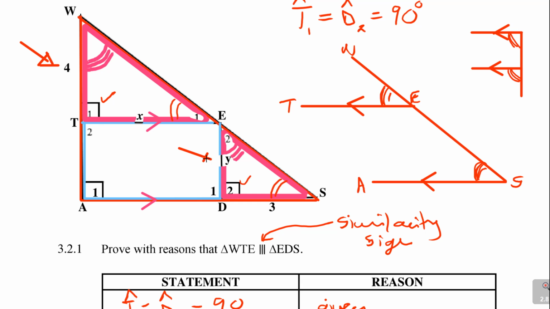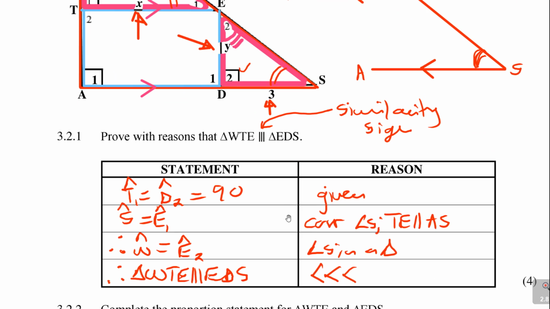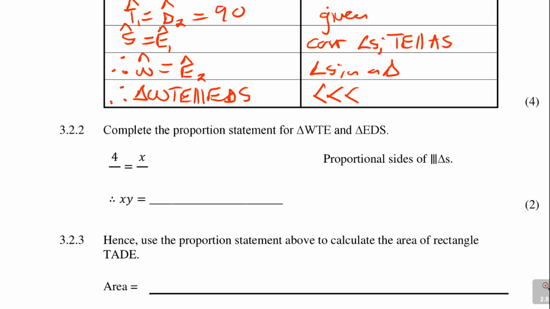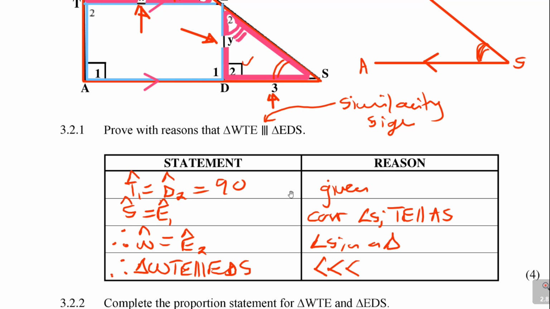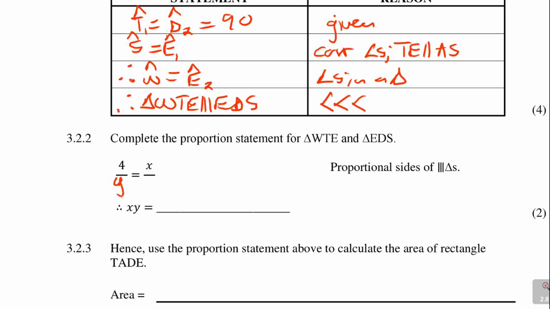You see, that's this side. And then where there is the x, it's where there is the 3. So 4 over y is equal to x over 3. You see that? That's what they wanted there.